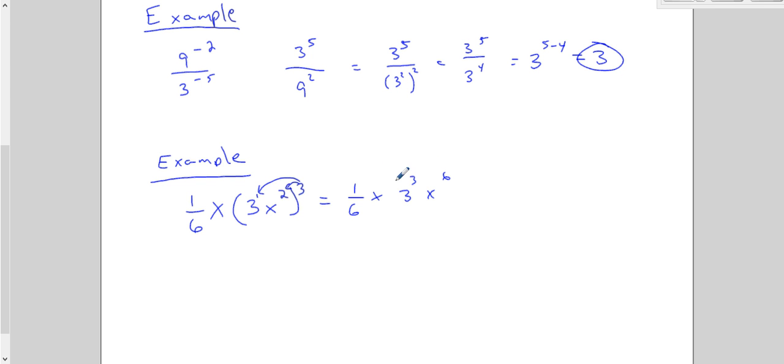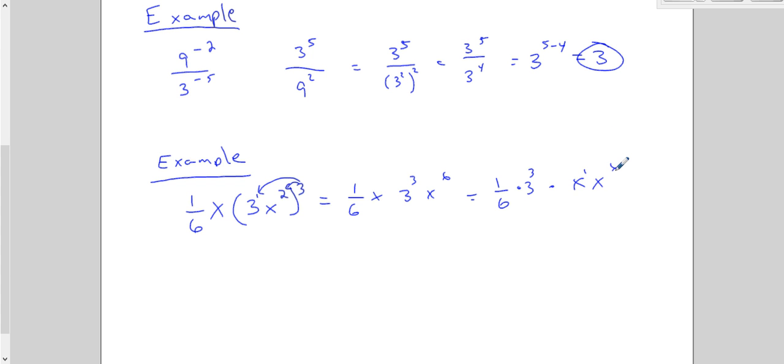Now, I can use the commutative property of multiplication to rearrange the order of these and group the numbers, group the variables. So I'm going to write 1/6 times 3 to the third times x to the 6th. So my exponent on x is a 1. These are 2 base numbers with exponents, being multiplied times each other, so I'm going to add these exponents.